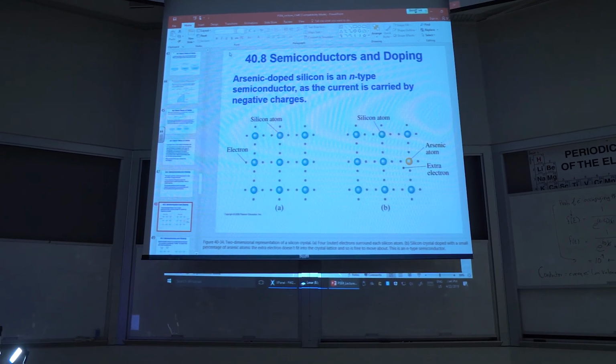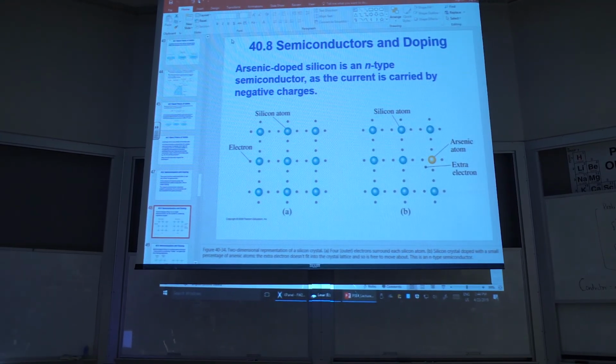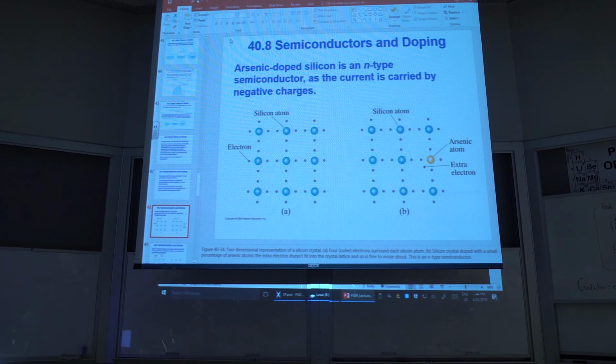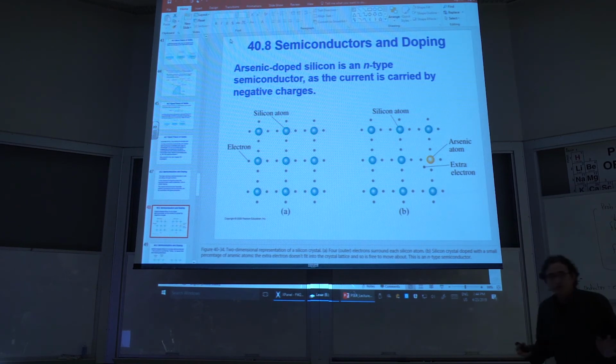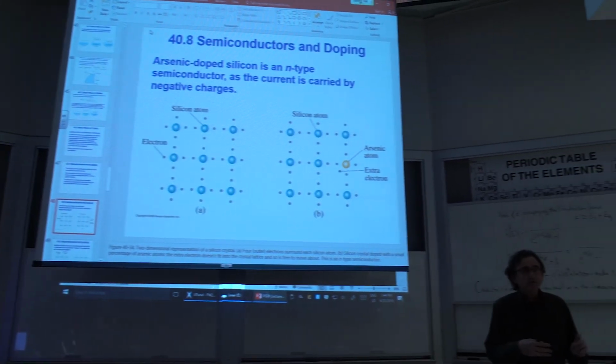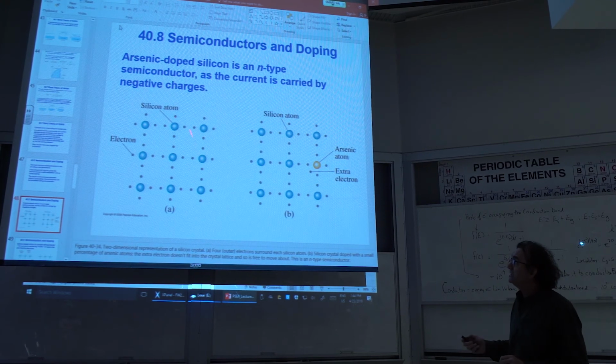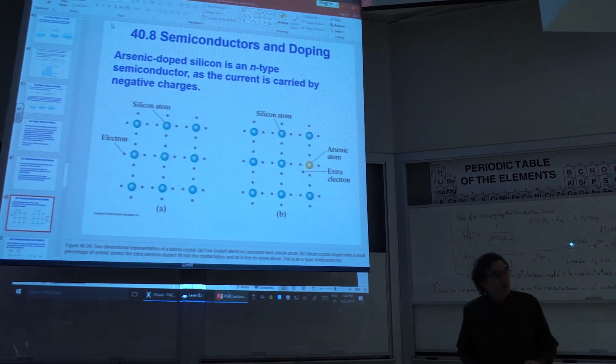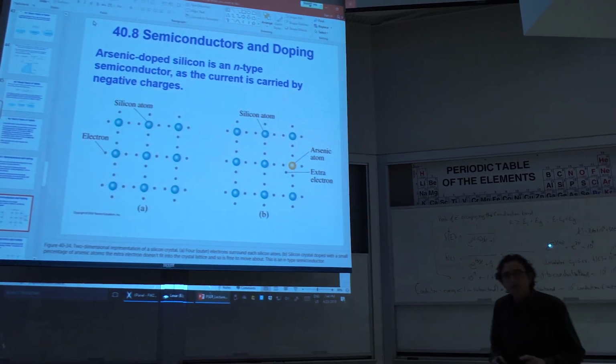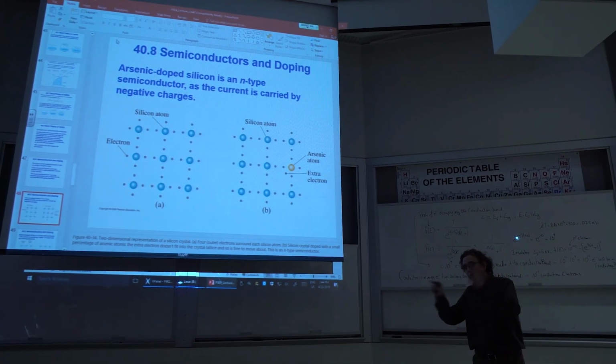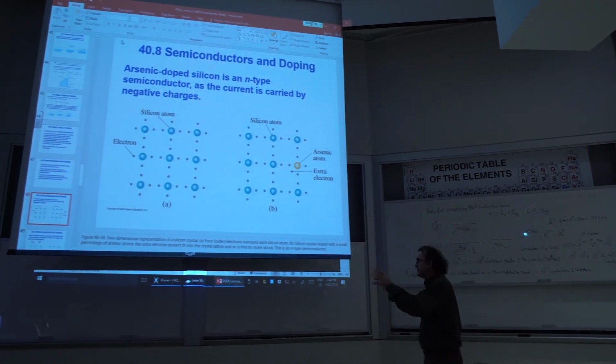I think so. So here's the scenario. The typical semiconductors used in the electronics industry are usually made either from silicon atoms or from germanium. We will study silicon, although the general concepts that you learn would apply to germanium as well.